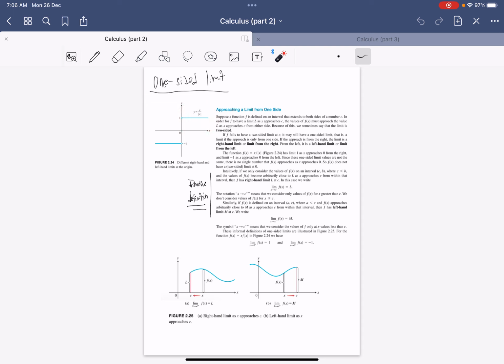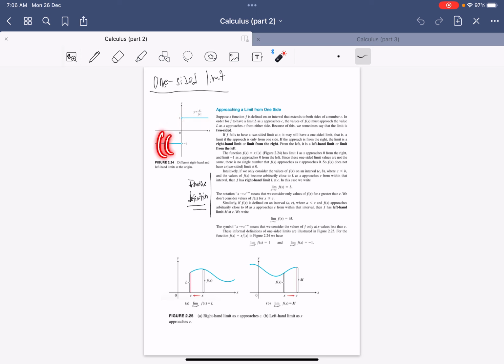And you can see the definition written out intuitively over here. We say that f(x) becomes arbitrarily close to L as x approaches C within the interval from C to B. So C is this value, let's say, and B is somewhere here, and so the interval gets closer and closer from the right.